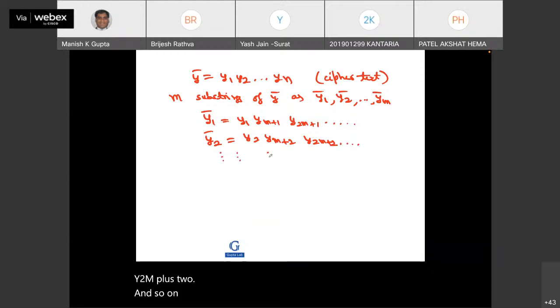Then we have ym bar, equal to ym, y2m, y3m, and so on. So this is m rows and n by m columns.